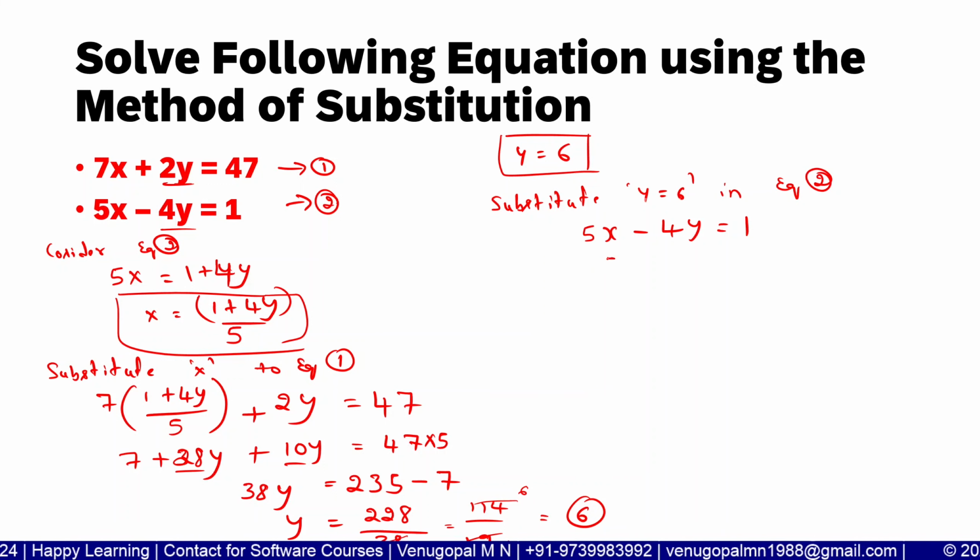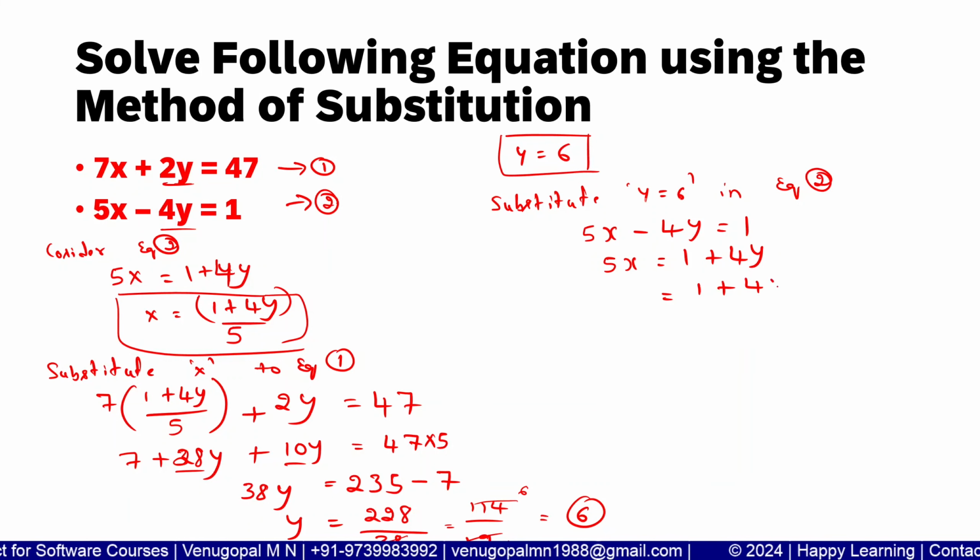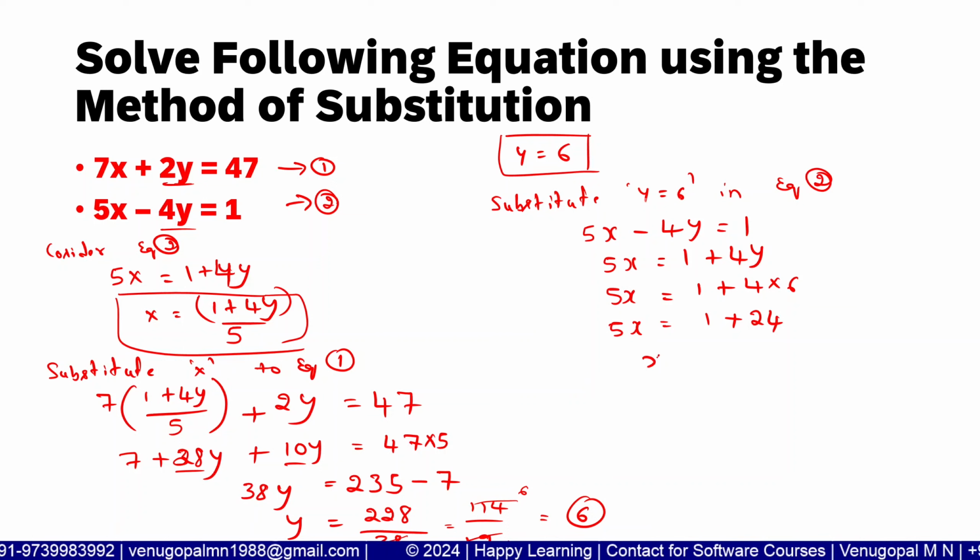So 5x is equal to 1 plus 4y. So what is 1 plus 4 into 6? So 1 plus 24, correct? So 5x is equal to 25, so x is equal to what? 25 divided by 5.